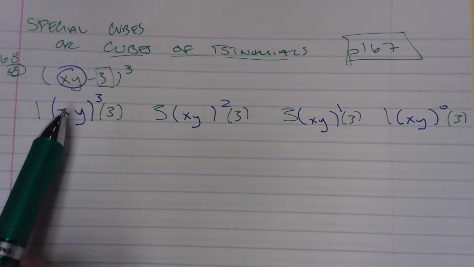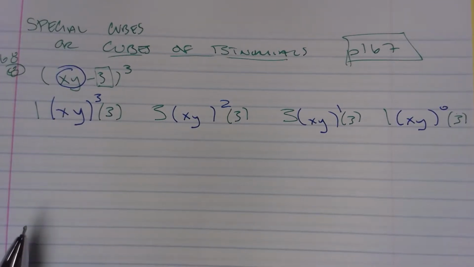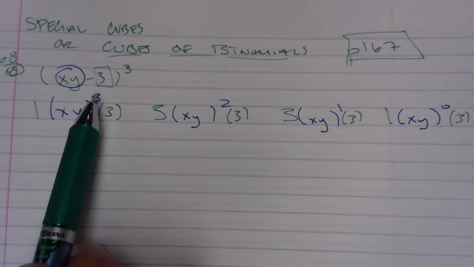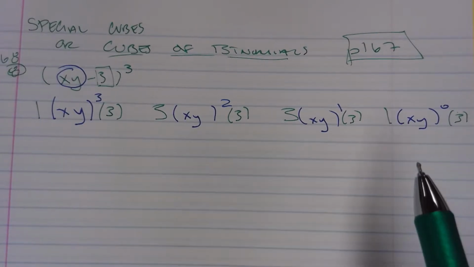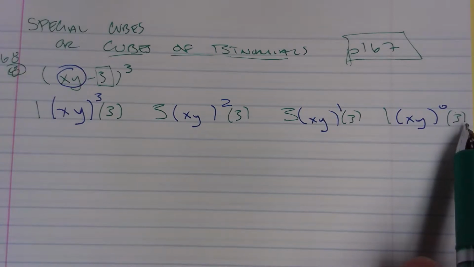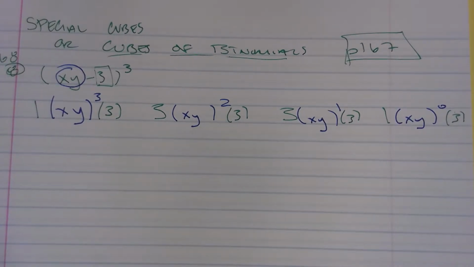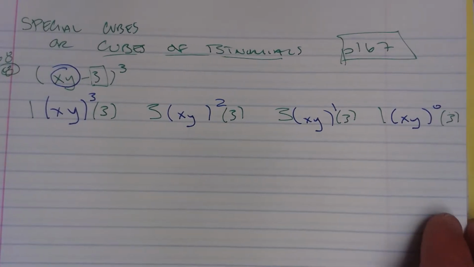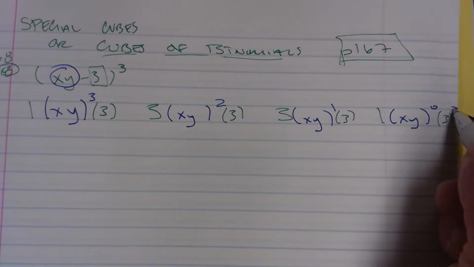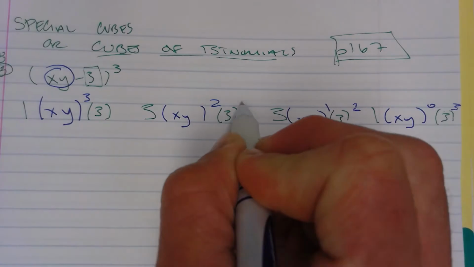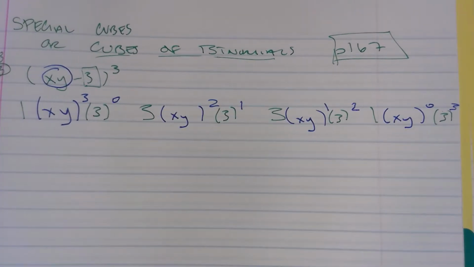Then we had our first term, xy, and we counted down the exponents, 3, 2, 1, 0. Then we took our last term, our second term, 3, and we count down the exponents, but we start in the back: 3, 2, 1, 0.